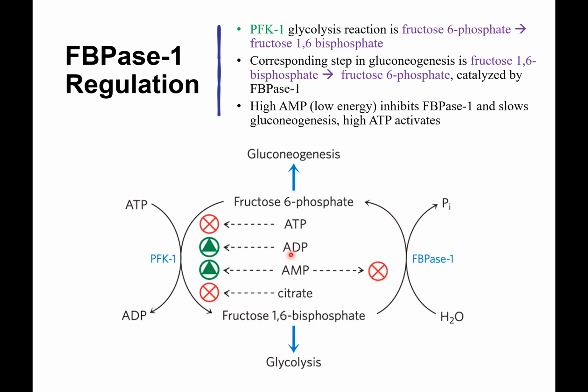I honestly don't have an explanation for why they don't at a minimum show ATP as being activating to FB-PACE1, because it should be. Just follow the logic in terms of energy stores and what you want to do. High energy, you're probably going to be activating gluconeogenesis. Low energy, you're going to be activating glycolysis.